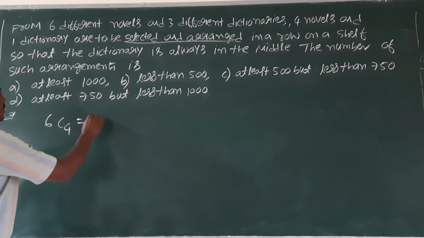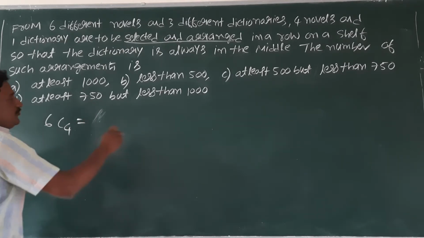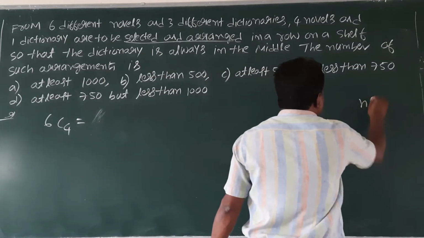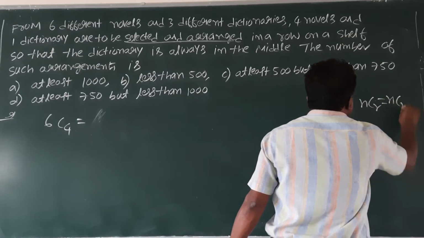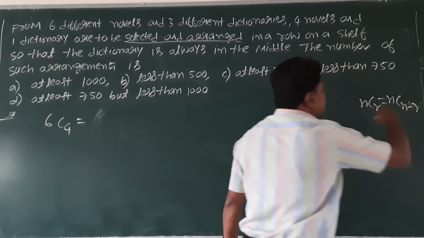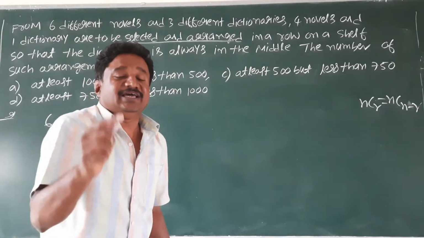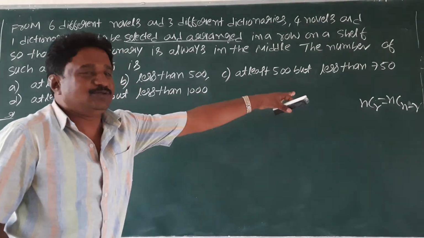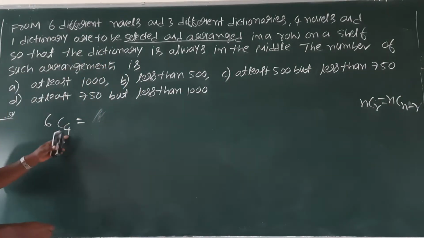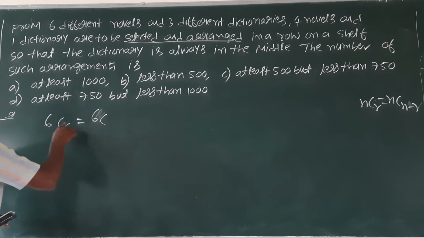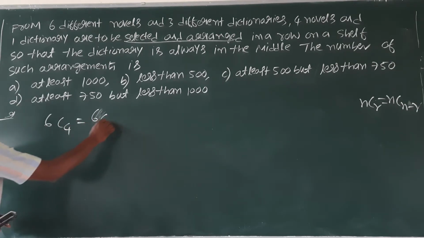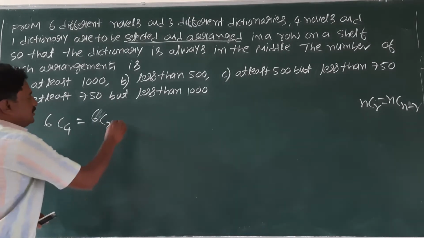You calculate this value, students. 6C4. We have this rule: nCr is equal to nC(n minus r). You make use of that. 6C4 is same as 6C(6 minus 4), that is 6C2.